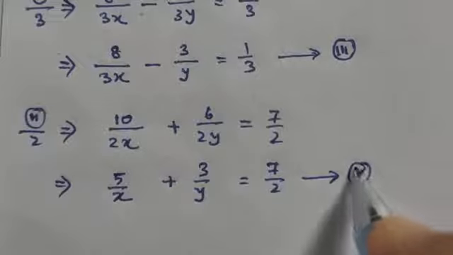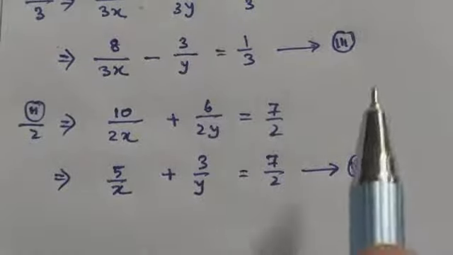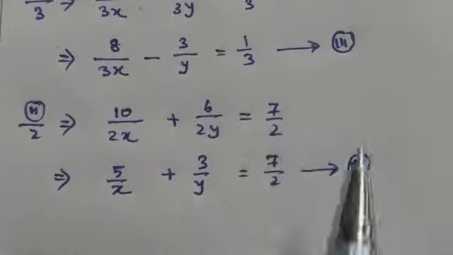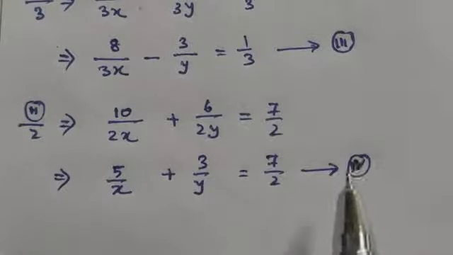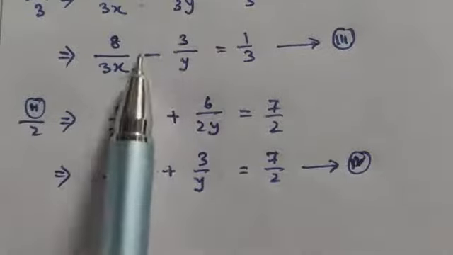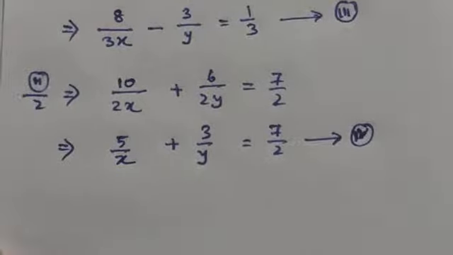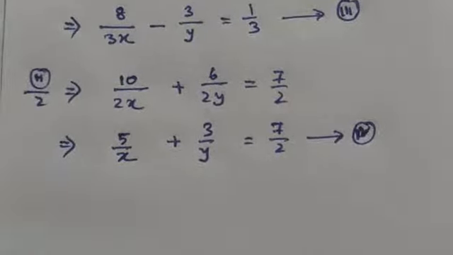Now let us add these two equations, equation 3 and equation 4. If we add them, then definitely this negative 3 by y and positive 3 by y would cancel.